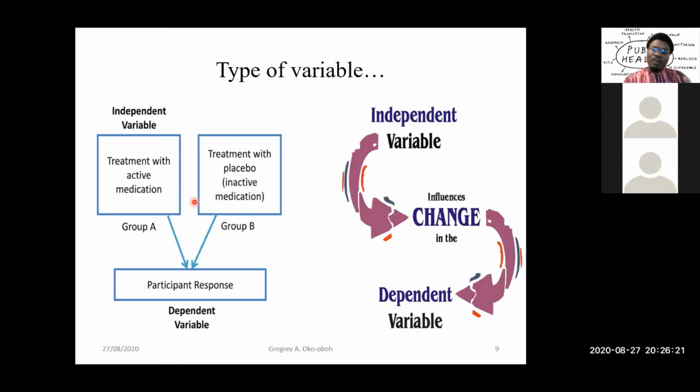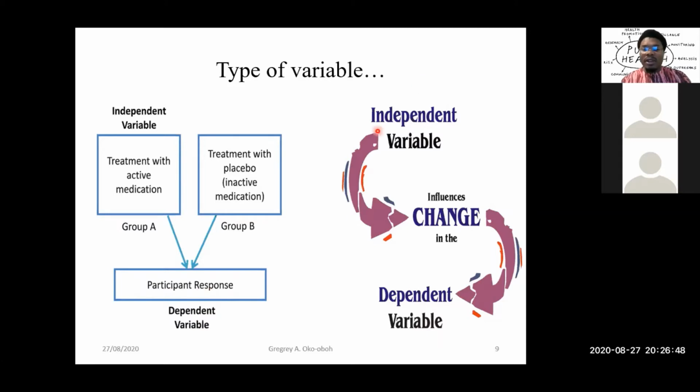And being exposed or not being exposed, that is the independent variable. So you're either in group A, where you take the exposure or the treatment, or group B, where you don't take the exposure or the treatment. Either way, this is the exposure variable here, and this is the independent variable. And they determine the participant's response or their outcome. And that outcome is the dependent variable.